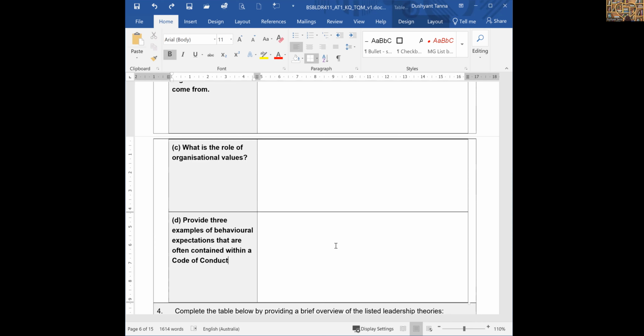That's basic. It doesn't matter which organization you work with, these are always a part of the code of conduct, like anti-bullying, anti-harassment. Treat everyone fairly. If you read a code of conduct, someone will insist more on one or the other, but these are the basic things that you always find in a code of conduct.